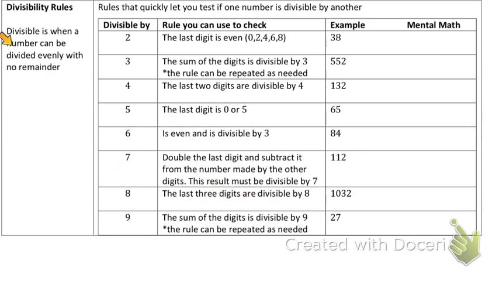Remember, a quick reminder, a number is divisible when you divide it and there is no remainder left over. So it divides evenly. Okay? So a number is divisible when it can be divided evenly with no remainder.